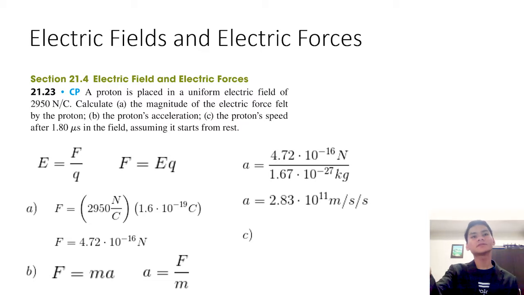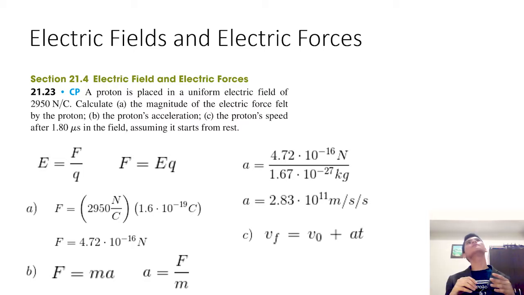Find the proton's speed after 1.80 microseconds in the field, assuming it starts from rest. We recall the kinematic equation v final is equal to v naught plus at. We know the initial velocity is 0, so the equation reduces to Vf equals at.